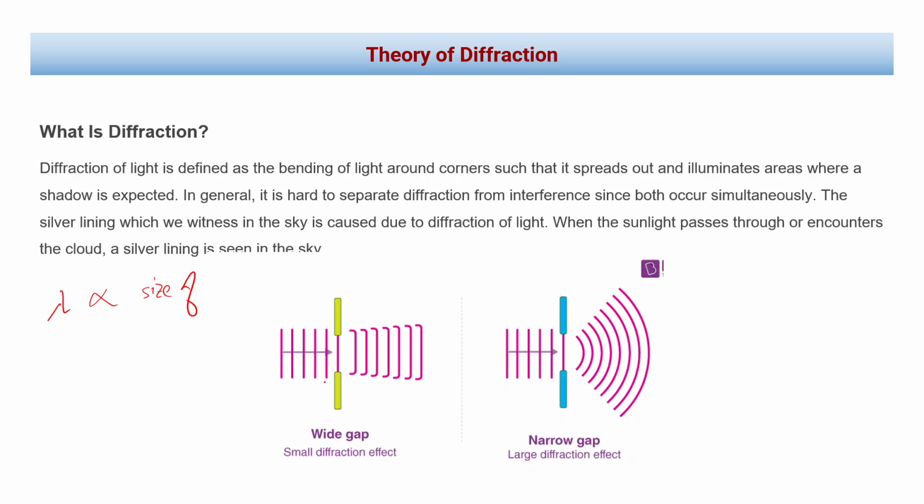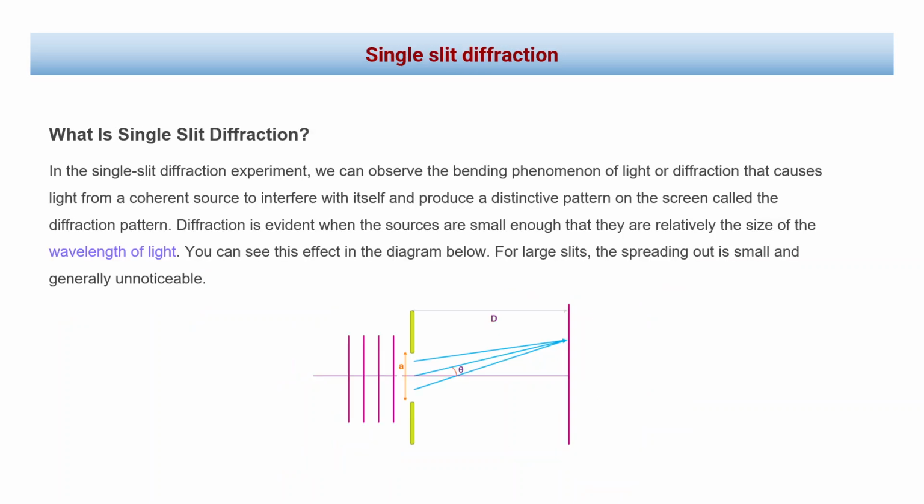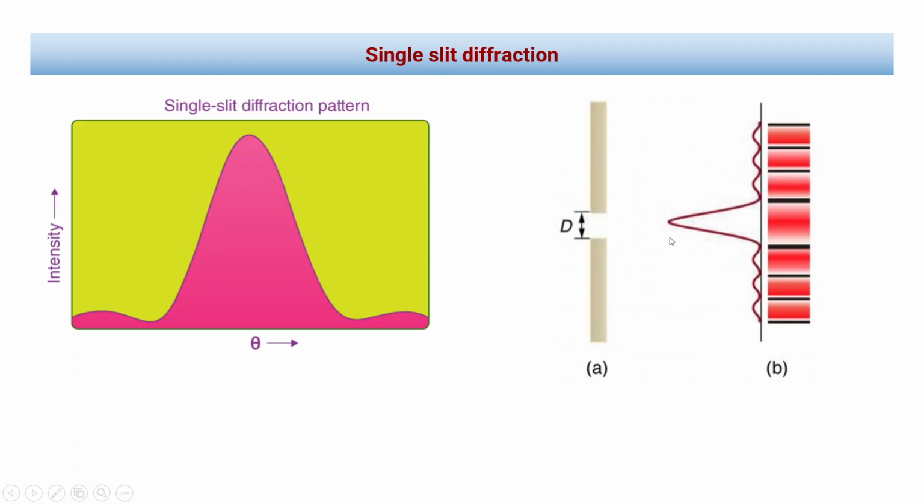Like when it's very wide, we see very small diffraction. But if the wavelength is comparable to the size of the gap, then we'll see good diffraction. Then we saw the pattern we get through single slit diffraction. We'll see something like this, and we had got the conditions for it.